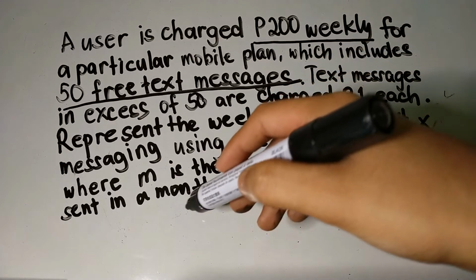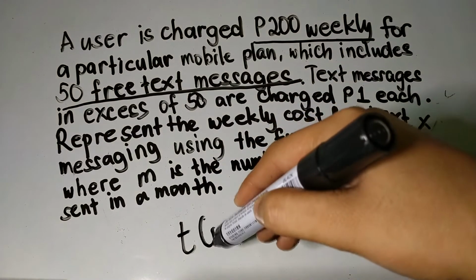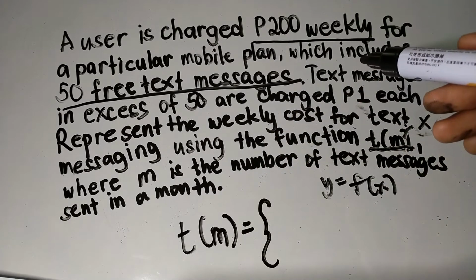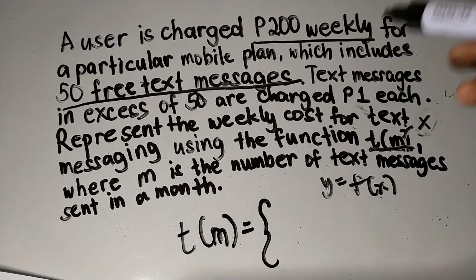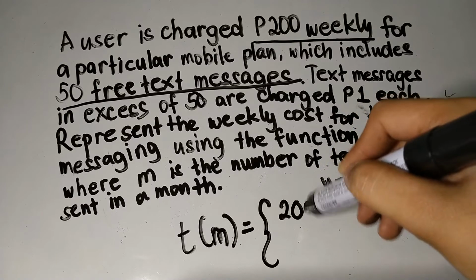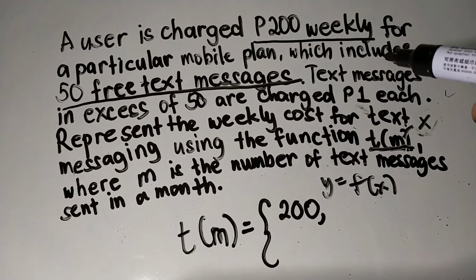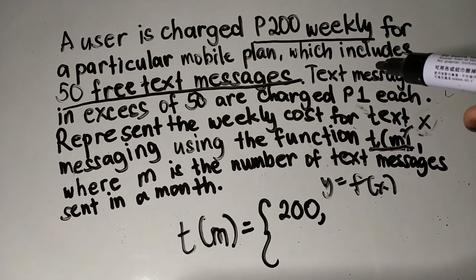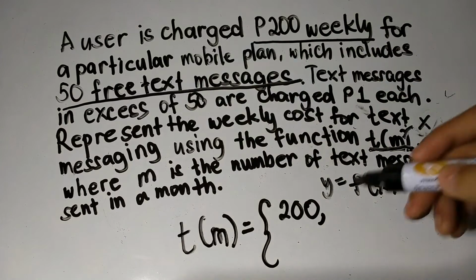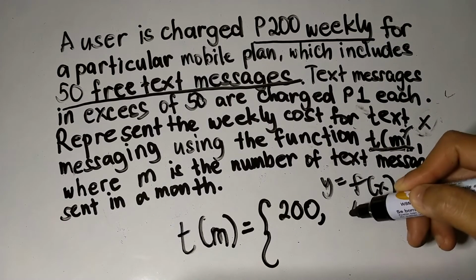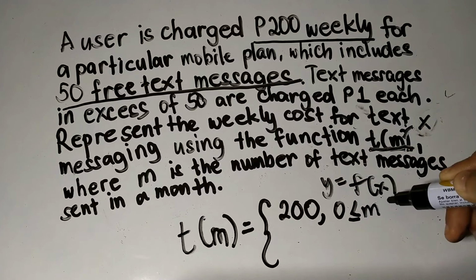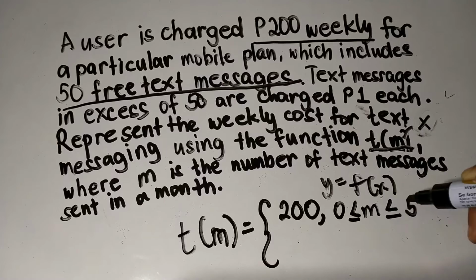Susulat na natin T of M. Now, alamin natin yung mga conditions. 200 weekly, kailan nagiging 200 lang ang babayaran ni customer? Kung ang magagamit mong free text messages ay from 0 to 50. Done. So, lalagay natin dyan yung M greater than or equal to 0, but less than or equal to 50.